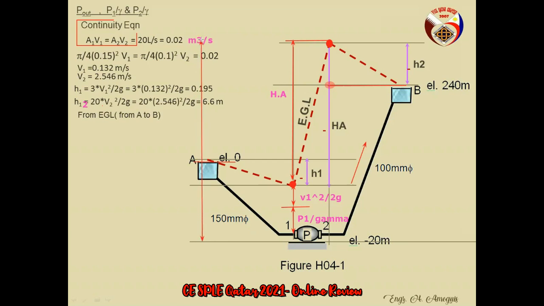Yung total vertical niya ng A at saka total vertical nung B, okay? So, saan siya? Ito, pwede ito, ayan. Di ba? Ayan. So, may transformation.